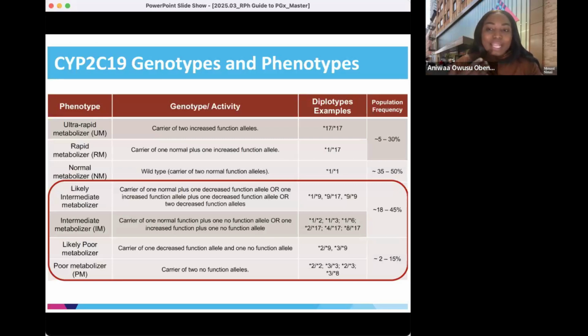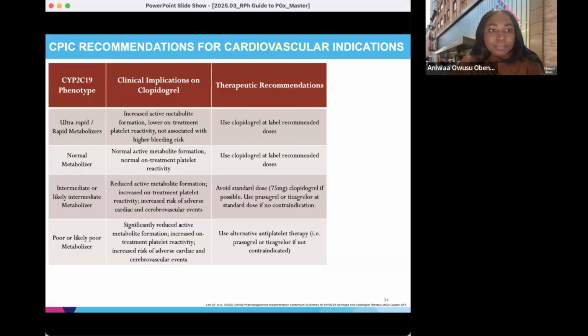So the individual will not benefit from the drug as they should, right? You take clopidogrel to avoid further clots, but you tend to see individuals within 30 days of even a stent placement, they come back with stent thrombosis, of individuals with STEMI coming back. So that's what we want to avoid. And these individuals are more likely to have clopidogrel not be activated for them. So they are more likely to have less production of the active metabolite of clopidogrel.